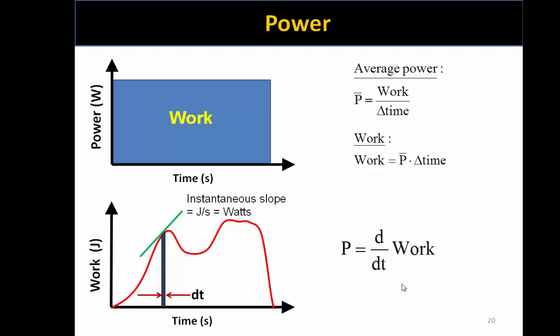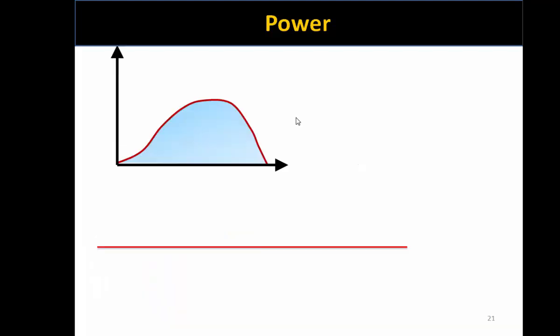So this approach, using this notation, will give us instantaneous measures of power, whereas the equation at the very top is used over larger intervals of time, and will give us average powers over those particular intervals.